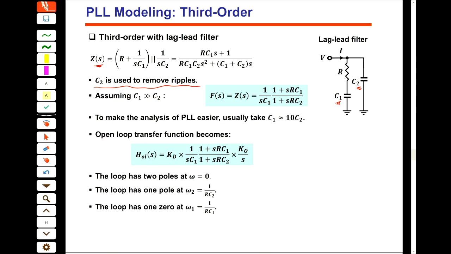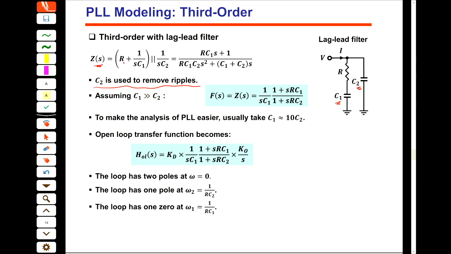It means that we assume that our phase detector output is current, not voltage. So if the output of our previous stage, which is the phase detector, is current, then we can use this one.